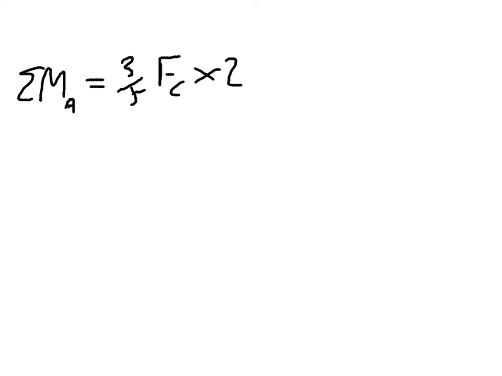And that's going to be trying to turn it anti-clockwise, so it's positive. We've also got minus 600 times 1, and I appear to have stayed with the red pen, sorry about that. And we've also got minus 800 times 4. They're both the forces that were given, and they're both trying to turn it clockwise, so they're both negative.